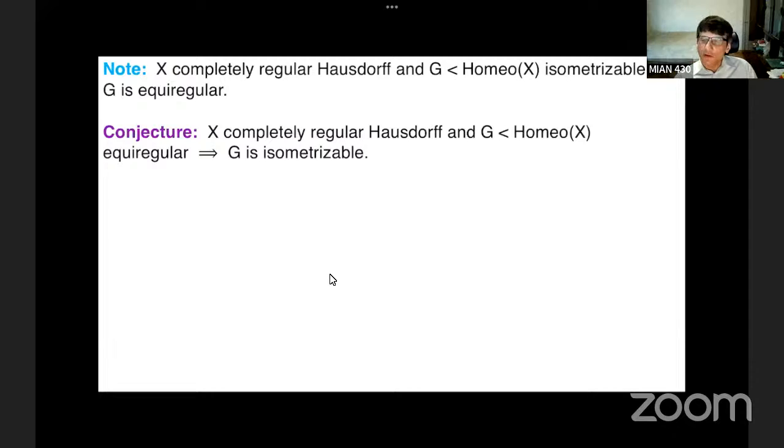I have a question. So this problem which you stated about non-separable metrizable spaces. I also recall that Sergey Antonyan was very interested in some related problem.